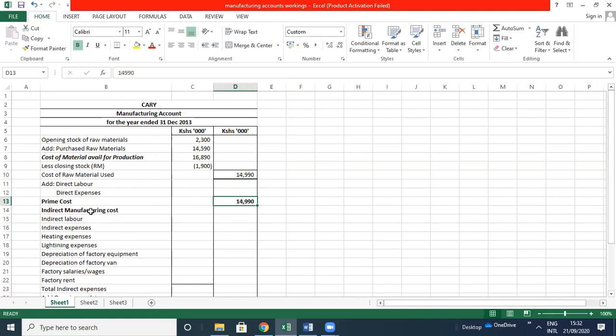Good. Indirect manufacturing cost, indirect factory cost. What do we have? Do we have general expenses? Should we even add it there?